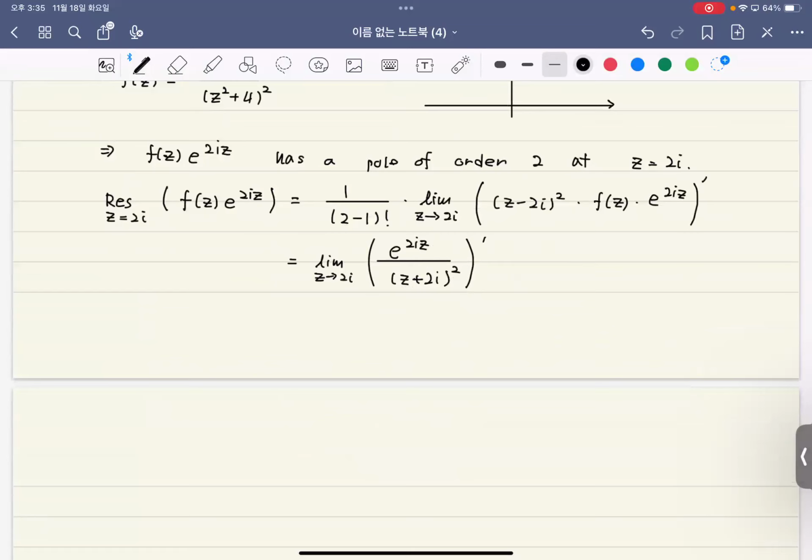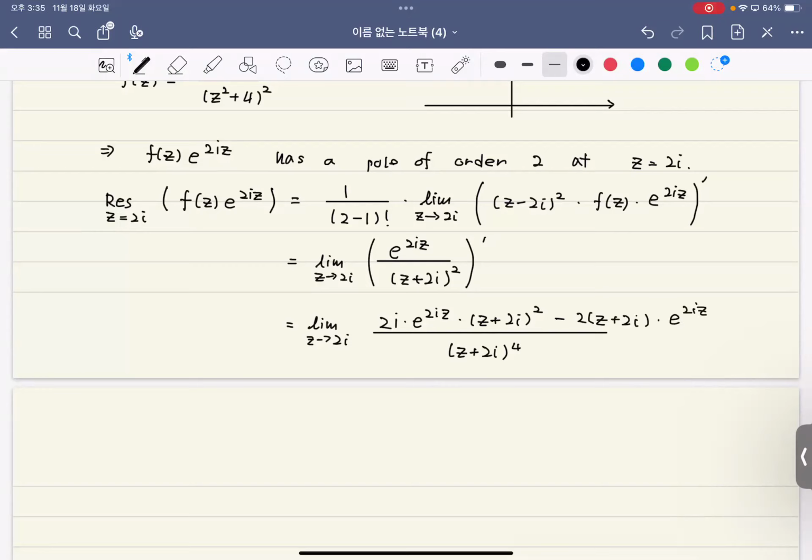Well, now this is just a matter of computation. We apply the quotient rule. So the denominator is (z plus 2i) to the 4th, and the numerator is 2i times e to the 2iz times (z plus 2i) squared minus 2 times (z plus 2i) times the exponential of 2iz.